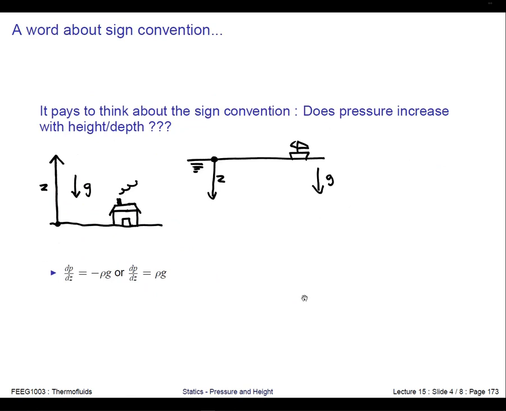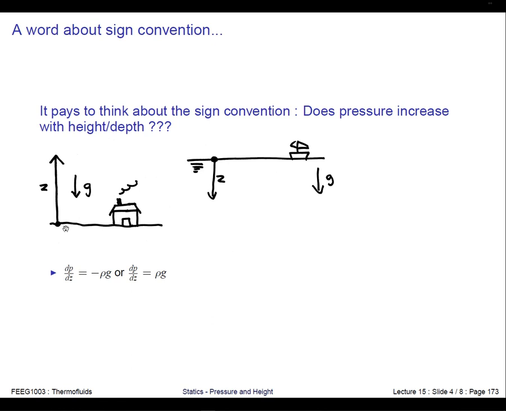And we just have to be a little bit careful about our sign. You have to choose the correct equation depending on where your coordinate system origin is, and in particular, whether your coordinate system direction goes with or against the acceleration due to gravity. Typically in the atmosphere we say that z equals 0 is ground level, and z increases as you go up into the atmosphere, and gravity acts in the opposite direction.